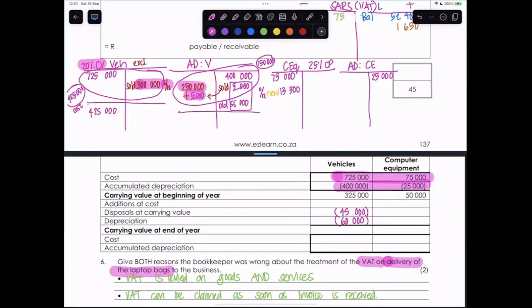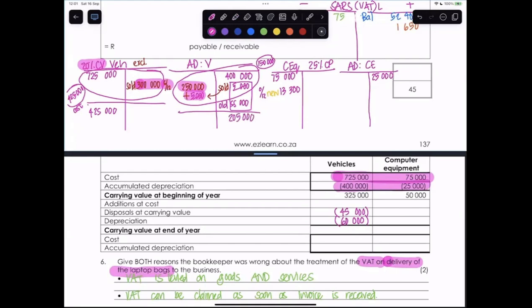Your accumulated depreciation on vehicles, you can go and work out what the end balance is simply by taking the 400,000 plus 5,000 minus all the others. In other words, the original 150,000 that we worked out as the ACDEP on the old, and what the depreciation we calculated on that, and you would see that you would have a new balance of 205,000 at the end.